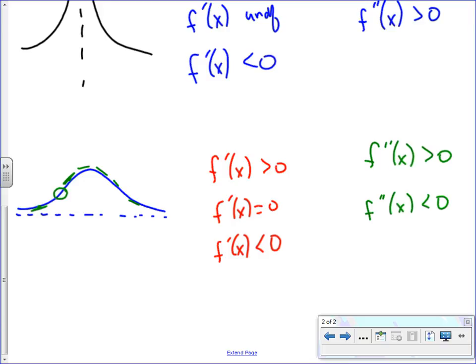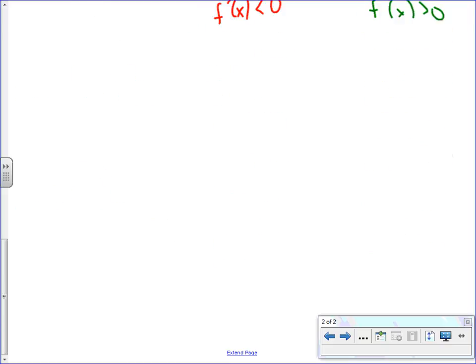So there's some other point of inflection over here. Okay? And it switches back to being concave up. We good? All right. The next few things are just some reminders.